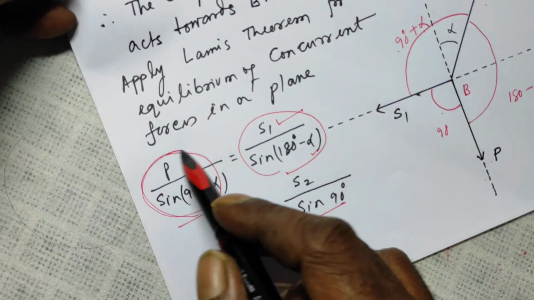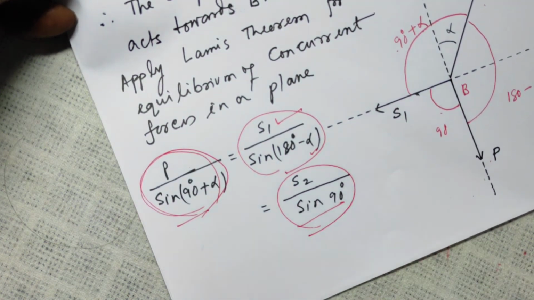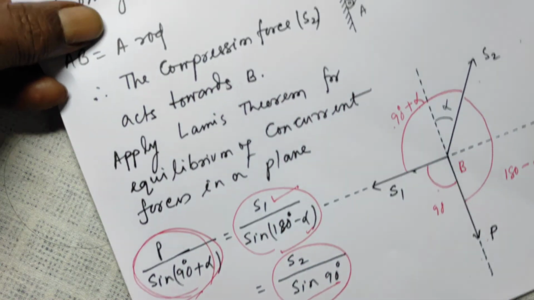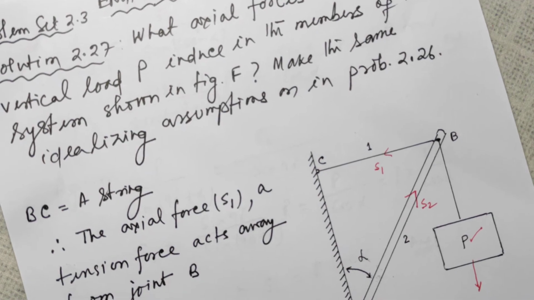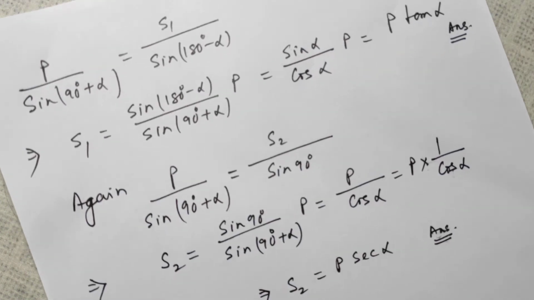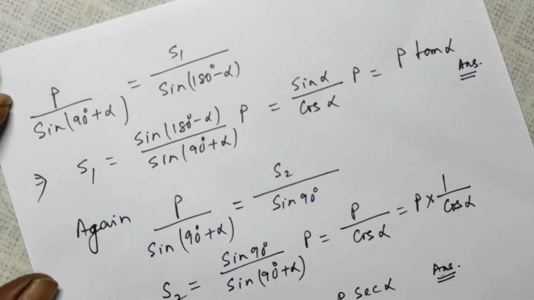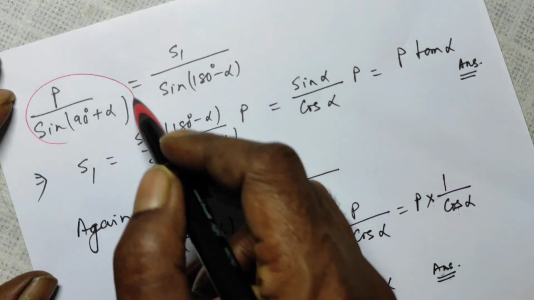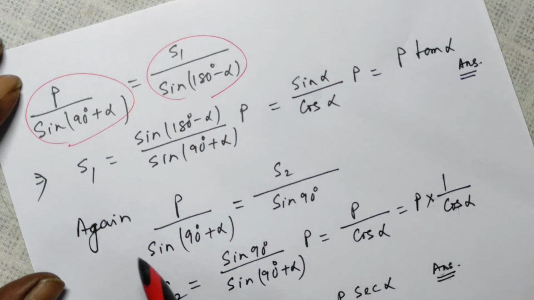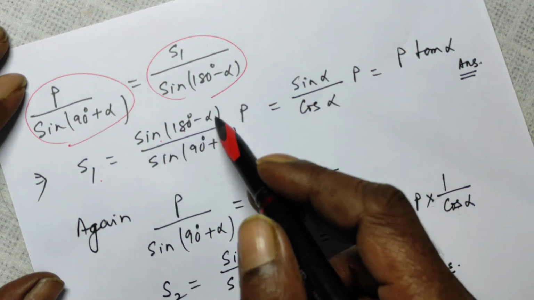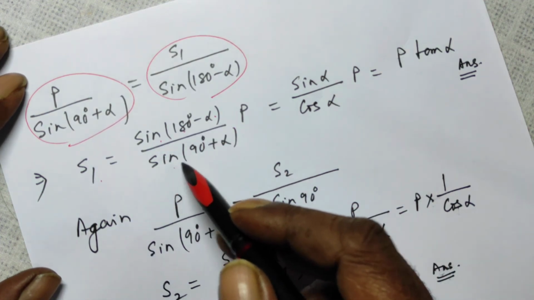Then consider this equal to this and cross multiply to find your compression force S2. No need of a scientific calculator. So P over sine 90 plus alpha is S1 over sine 180 minus alpha. So cross multiply, S1 is P times sine 180 minus alpha over sine 90 plus alpha.